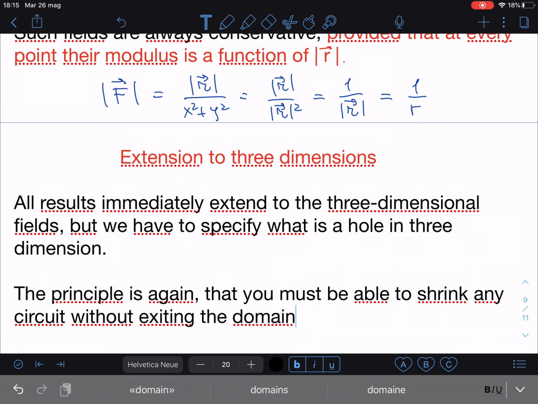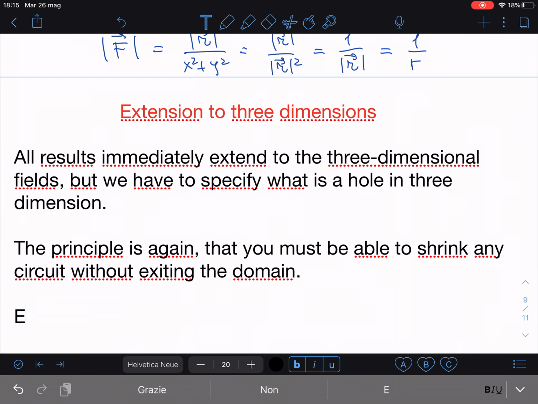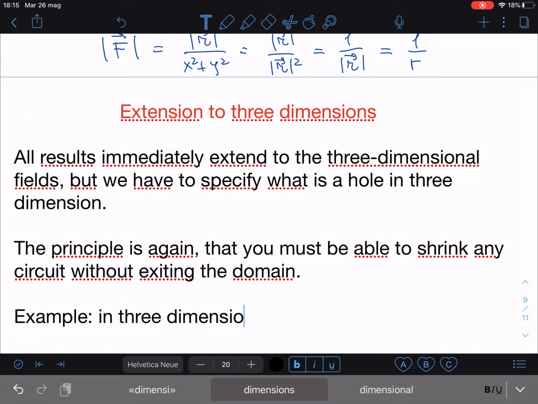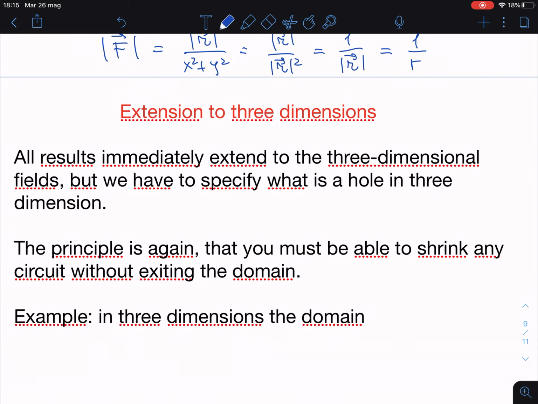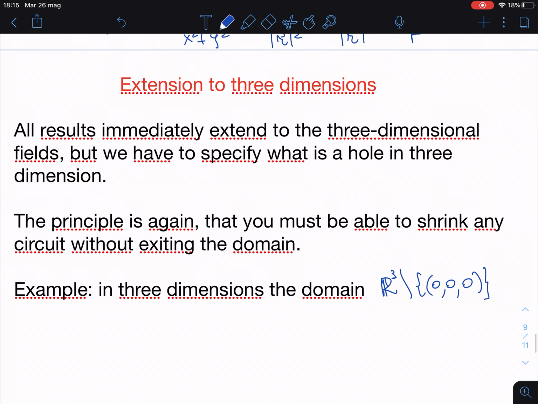Okay? So for instance, for example, in 3 dimensions, the domain, this domain here, R3 minus the origin, the 3-dimensional origin, gives no problem.